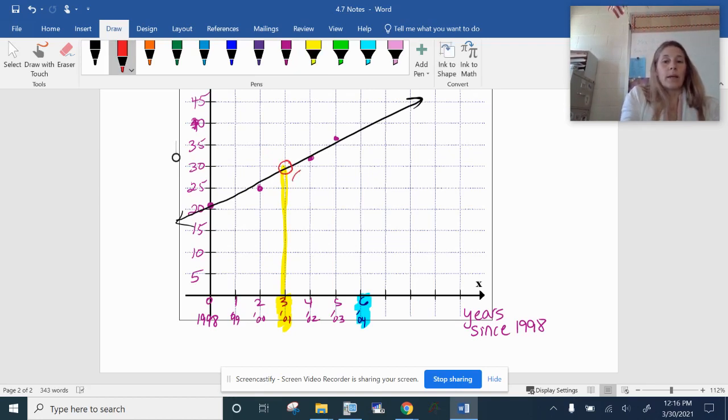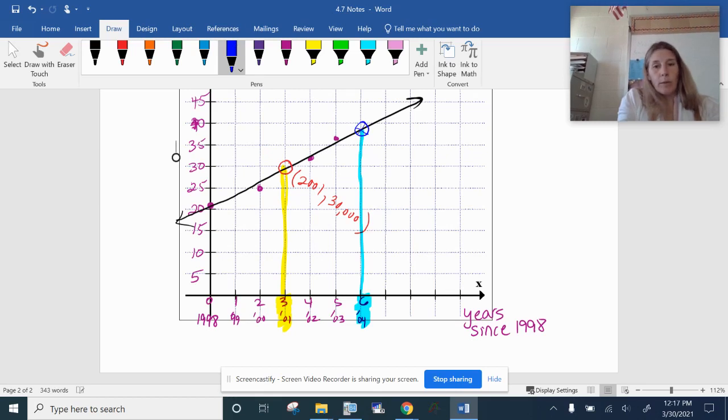So I'm going to estimate that in 2001, it was about 30,000. And then over here, in 2004, I'm going to estimate that was probably about a little bit less than 40, so I'm going to say 38,000.